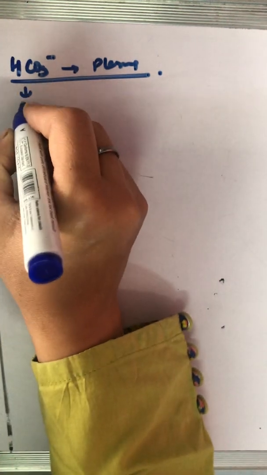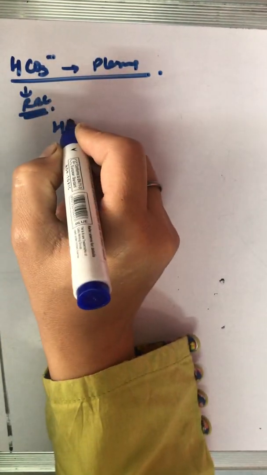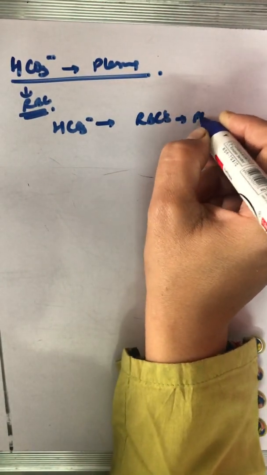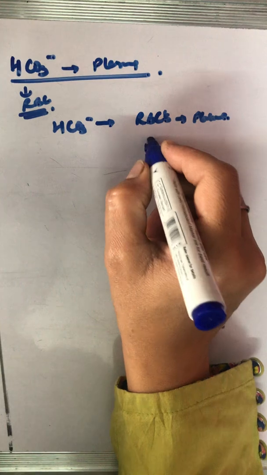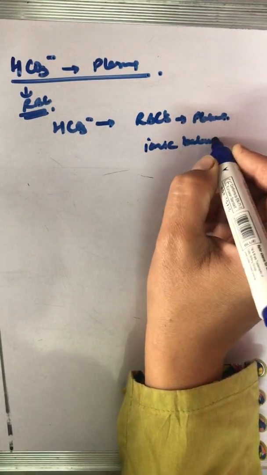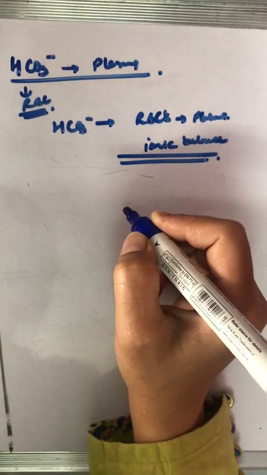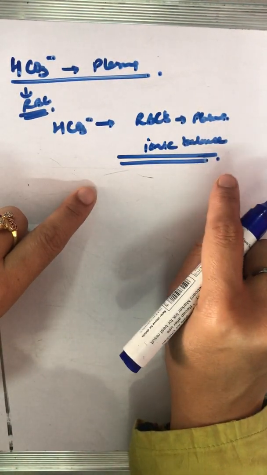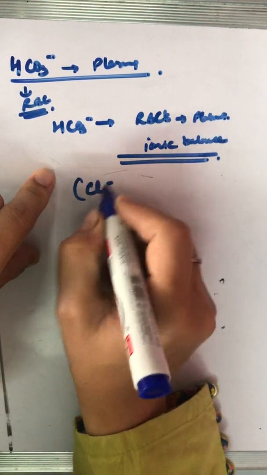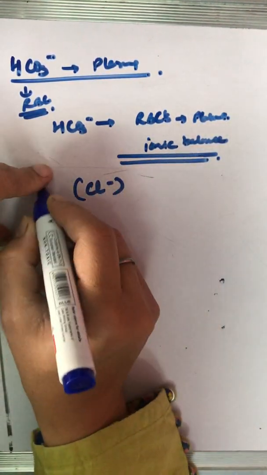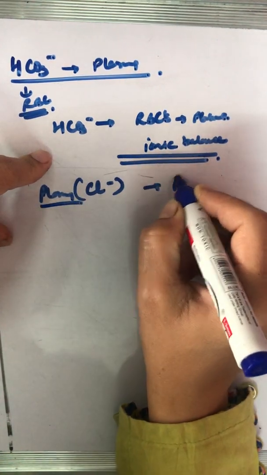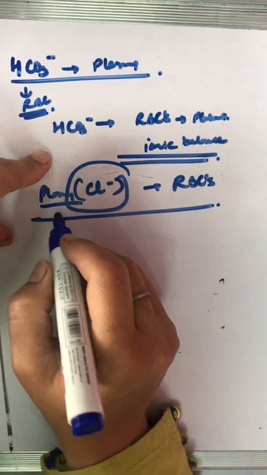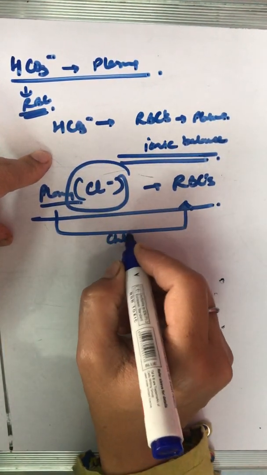This is higher in RBCs, so it moves from RBCs to plasma and changes the ionic balance. And after that, to restore the same ionic balance, negative chloride ions shift from plasma into RBCs. The movement of chloride ions from plasma to RBCs is known as chloride shift.